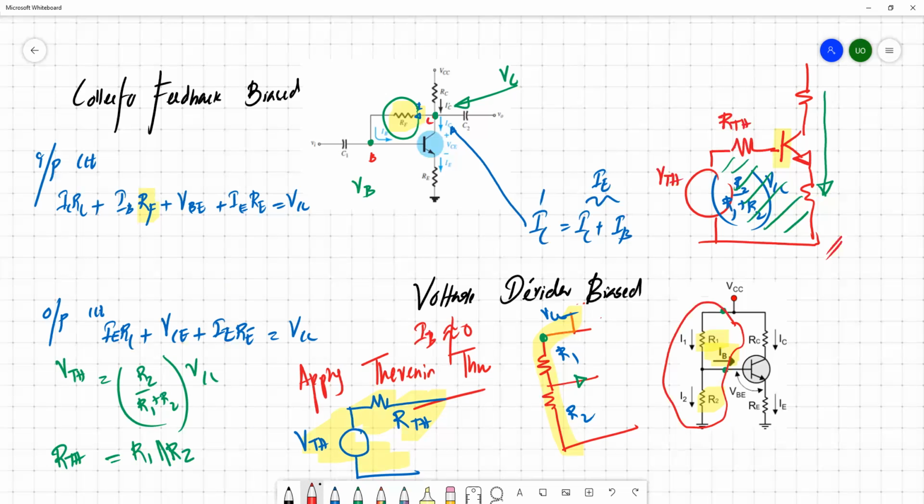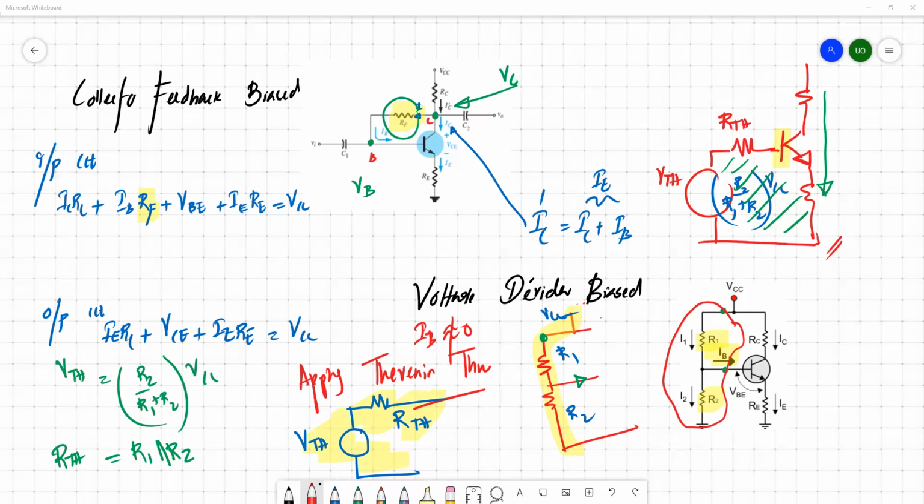This is actually a simple summary of these different approaches. You can use these four mechanisms to bias the transistor.